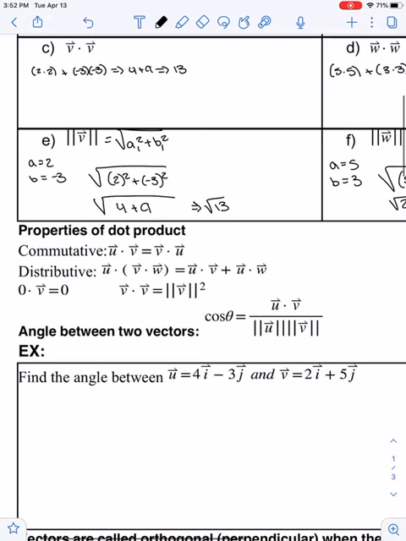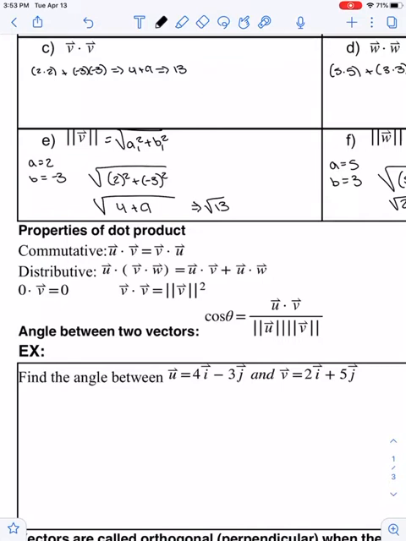Okay. Next, we're going to use the properties of the dot product. As we noticed from A and B, it's commutative, so u times v is the same thing as v times u. Then we can also use the distributive property of the dot product, that if we are multiplying u times something, you can distribute that u into the parentheses, that vector.